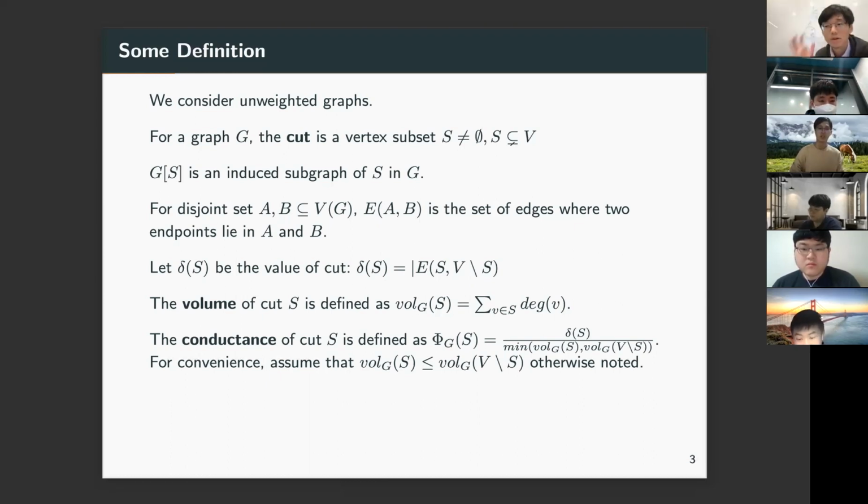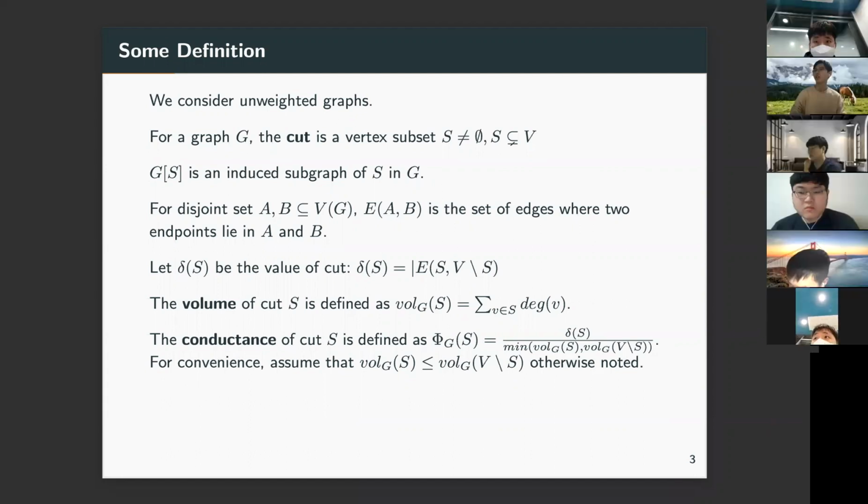If you think about the complete graph, then it has a small value of cut. But when you think about the reciprocal of the minimum of two small volumes, then they are large because they are unbalanced. So you're trying to keep some balance on it. So that's kind of an intuition of why you take a conductance.